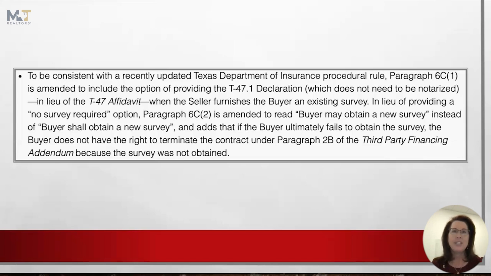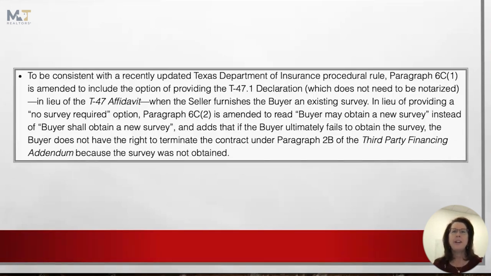Paragraph 6C2 is amended to read, buyer may obtain a new survey, instead of buyer shall obtain a new survey. So just a word change, but that word change is very significant: buyer may obtain from buyer shall obtain.